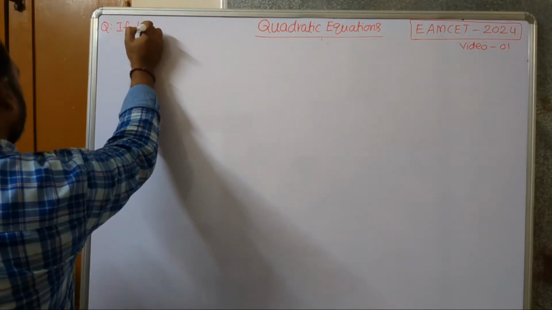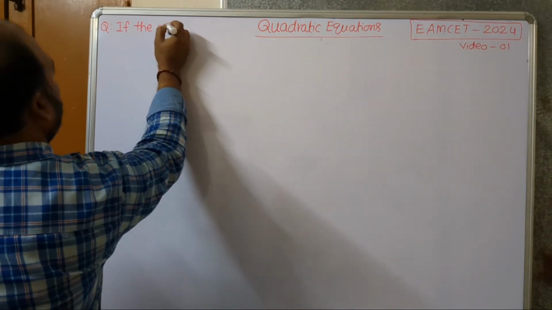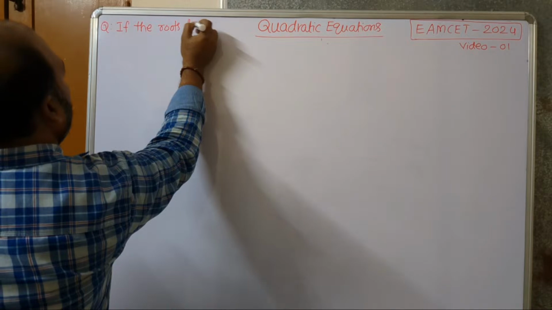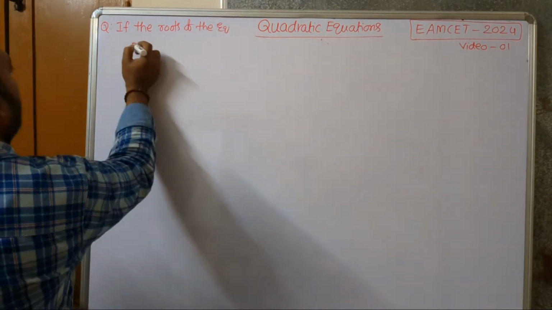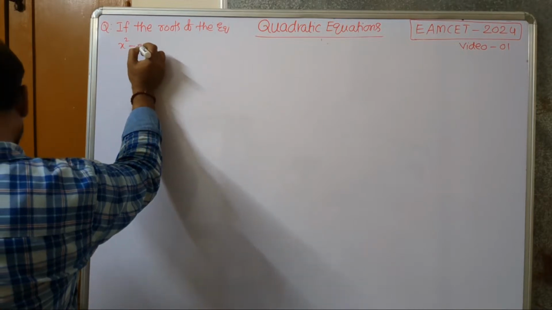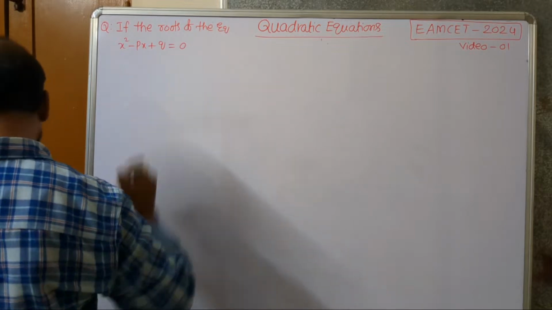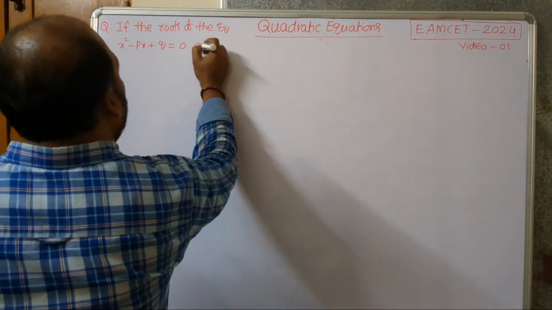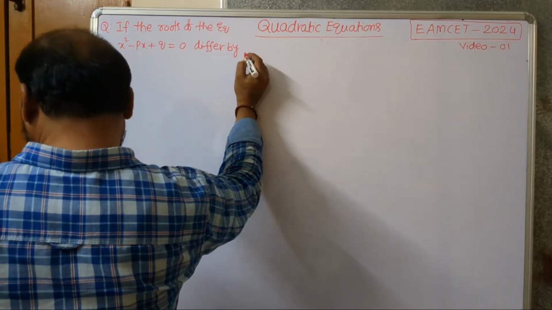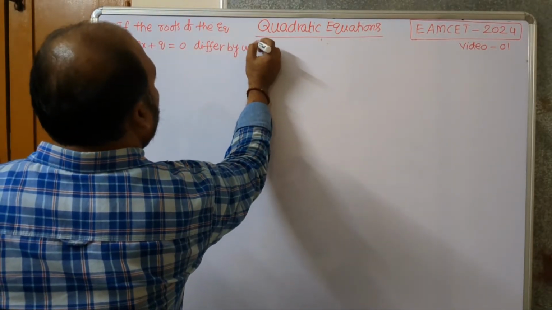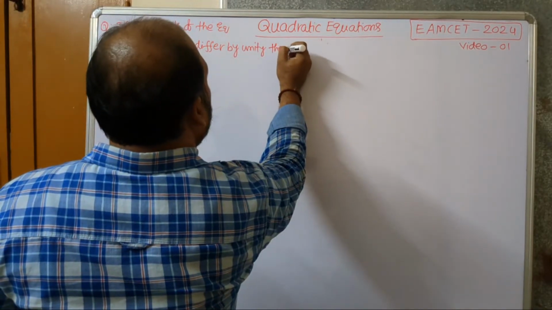Next question. If the roots of the equation x square minus px plus q equal to 0 differ by unity, then p square equal to?